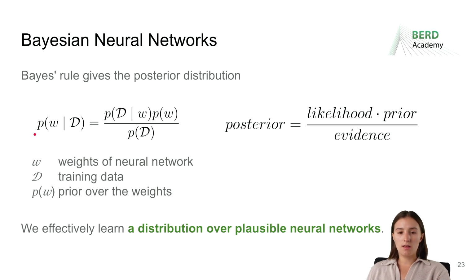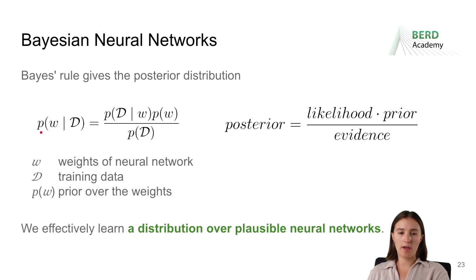We are interested in the posterior distribution, so we want to know the probability distribution of our weights, W, given our training data, D. And to get this posterior distribution, we multiply the likelihood, so how likely is it to observe the data that we have given a certain parameter set W, times the prior distribution over the weights.